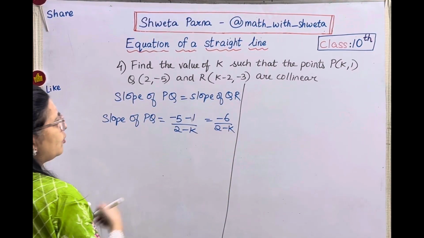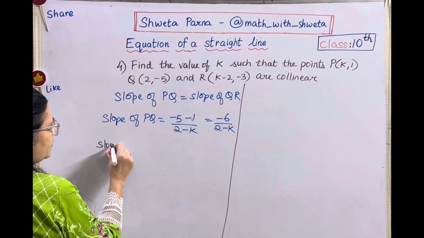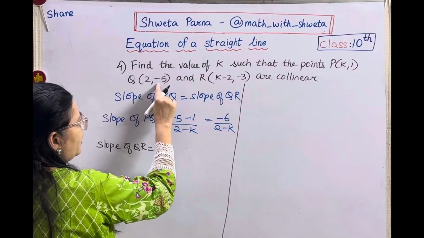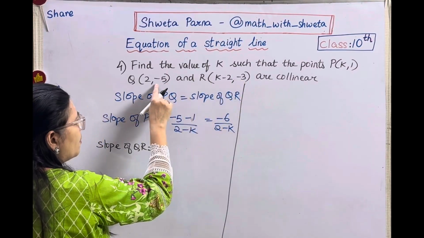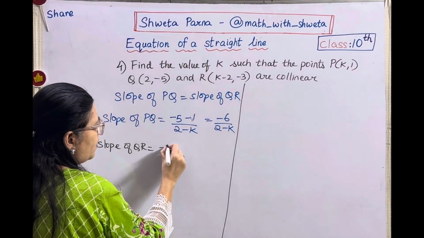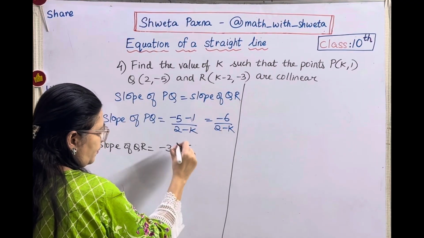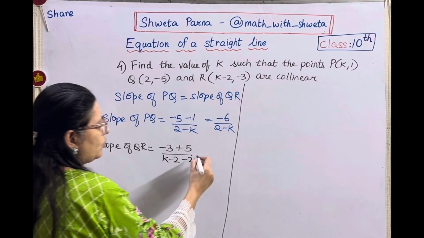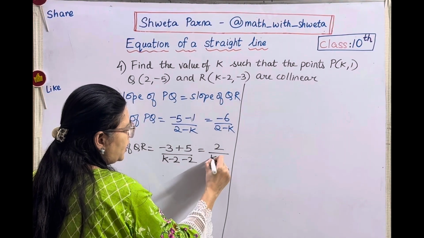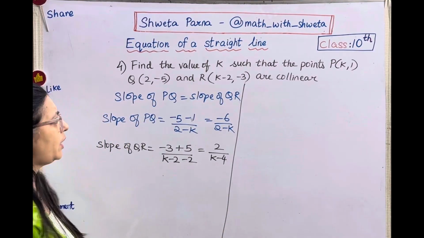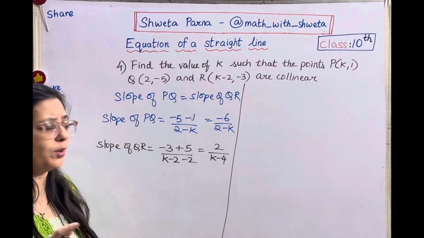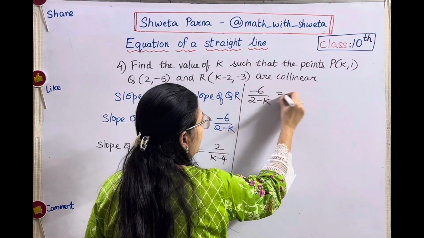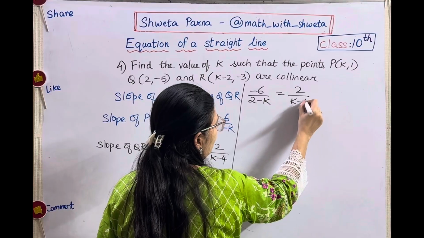Same way, let's find the slope of QR. Again, y2 minus y1: minus 3 minus of minus 5 will become minus 3 plus 5, upon k minus 2 minus 2. So this would be 2 upon (k minus 4). Okay, now the slopes are equal since they are collinear. So that means minus 6 upon (2 minus k) is equal to 2 upon (k minus 4).